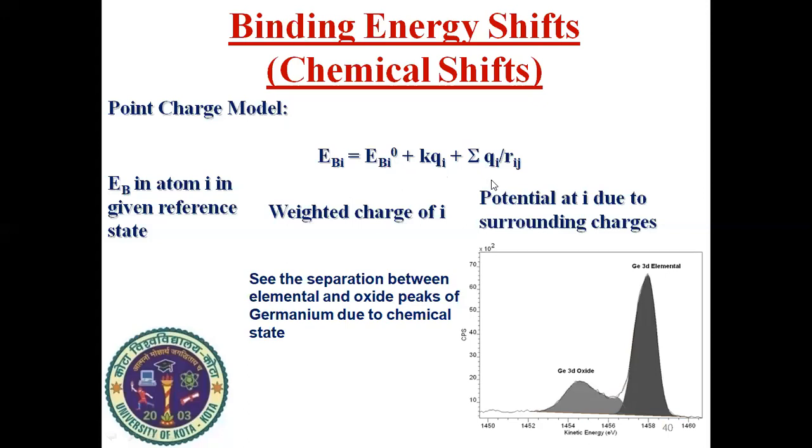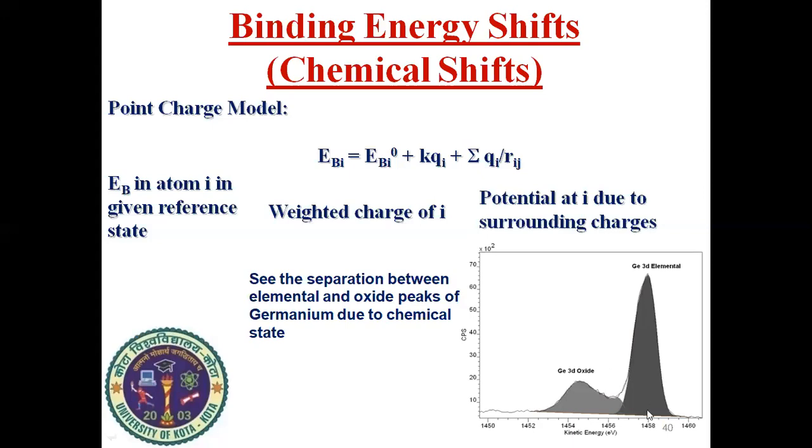So whenever we dope an element into some material, this element is going to have a change in binding energy value because of the chemical shift. Like we have seen, the silicon elemental peak appears at around 100 and the silicon oxide peak is at a higher binding energy value.